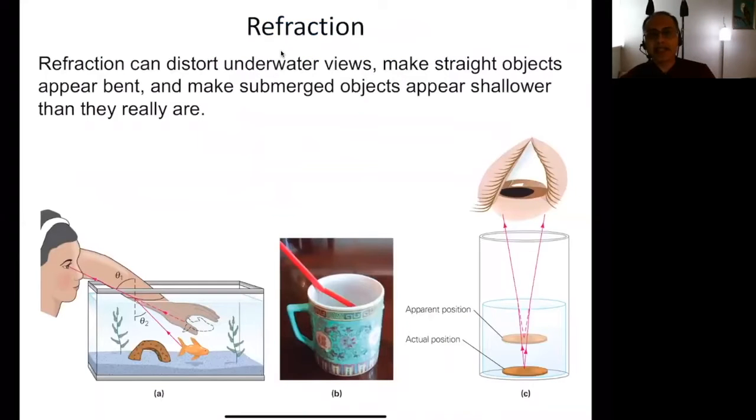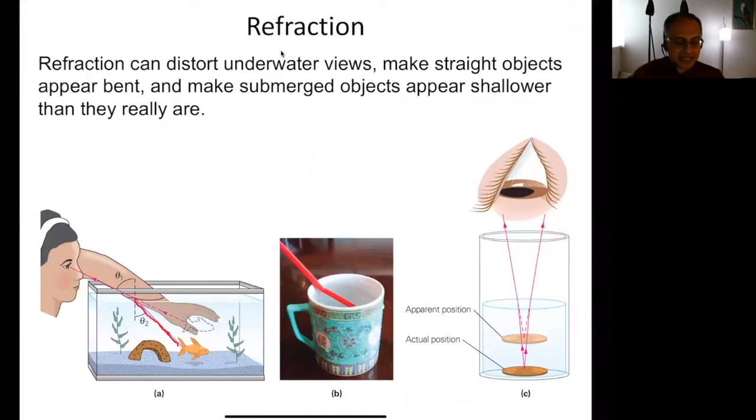So there are many consequences of refraction all around us. Plenty of examples. One example is consider this fish in the aquarium, right? In this little aquarium. A ray of light from the fish goes like this.